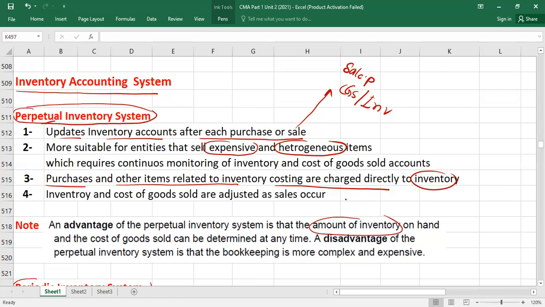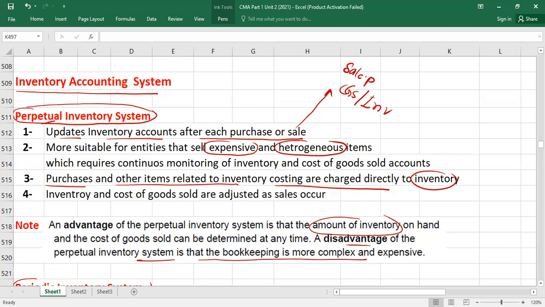Now what is the disadvantage of this system? The disadvantage of the perpetual inventory system is that the bookkeeping is more complex and expensive, because it requires continuous monitoring. It will increase your work.